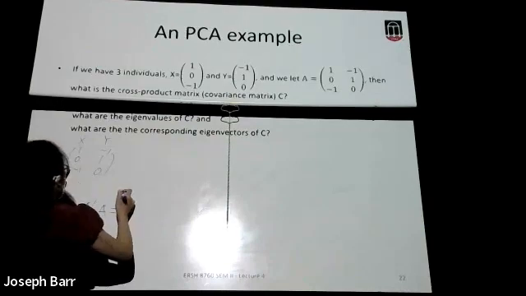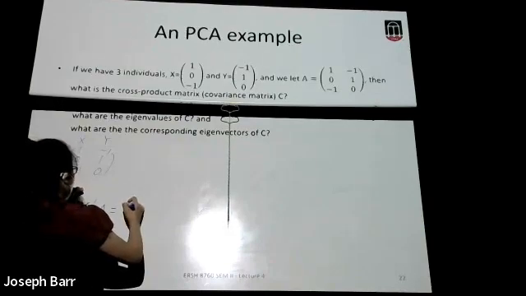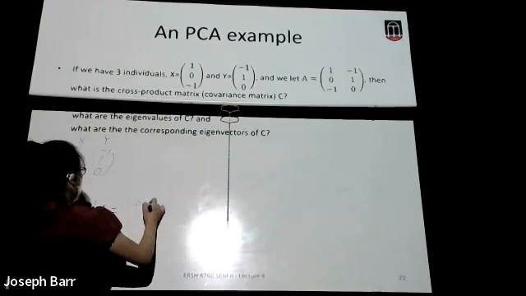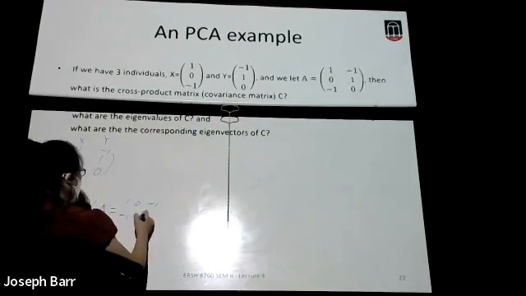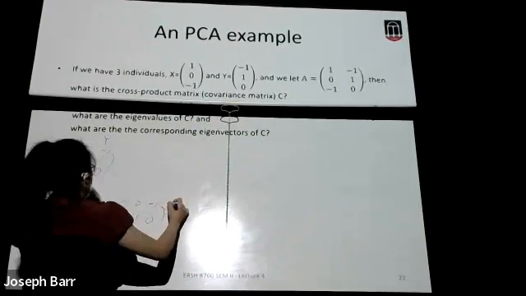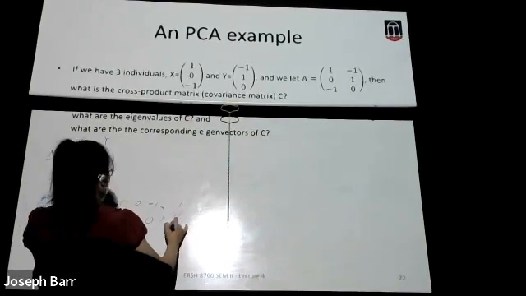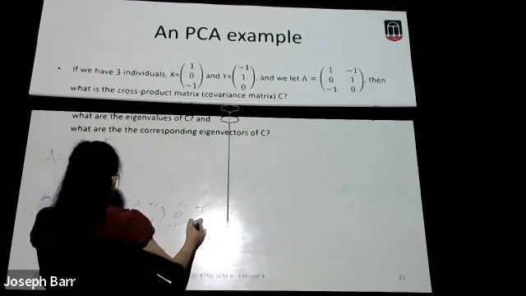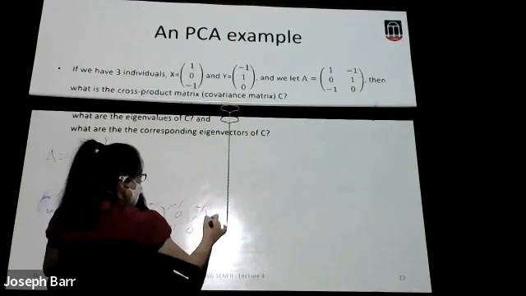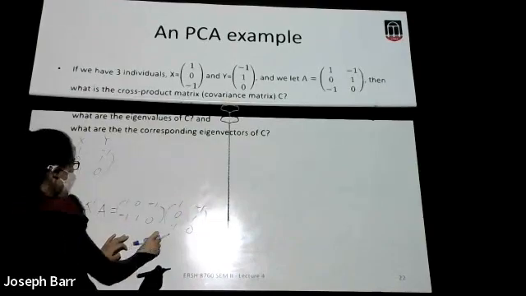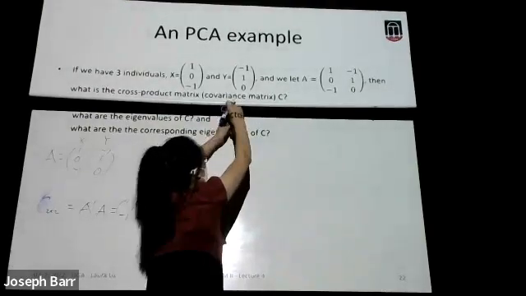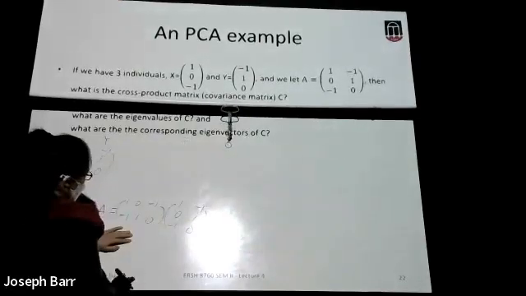So the A matrix is 1, 0, negative 1, negative 1, 1, 0 times 1, 0, negative 1, negative 1, 1. Now, what is that C? Just do the calculation. It's already centered.